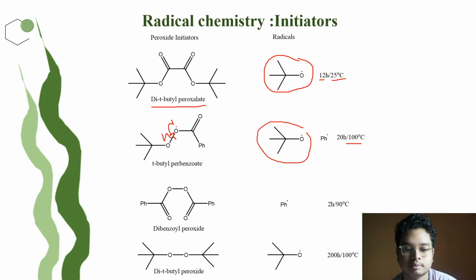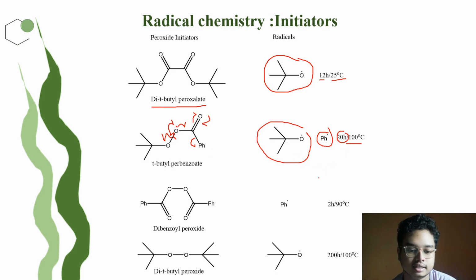And when this radical is generated, it undergoes a decarboxylation reaction to generate the phenyl radical, and from this perbenzoate group, these two radicals are formed, and the half-life of these radicals is 20 hours.